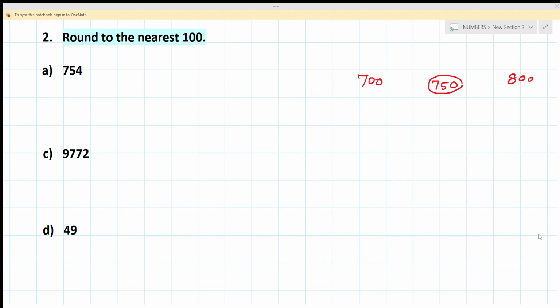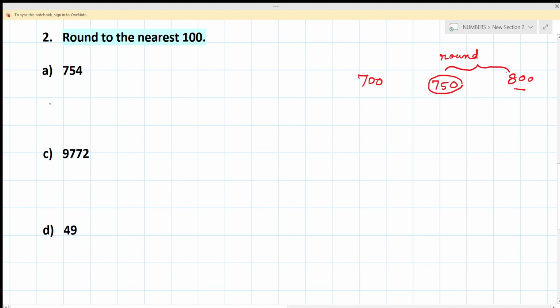Now 754 is the given number. Can you find where it lies? Yes, it lies after the mid number. If the given number is after the mid number, we have to round up. So if we round up the number, the nearest 100 is 800.